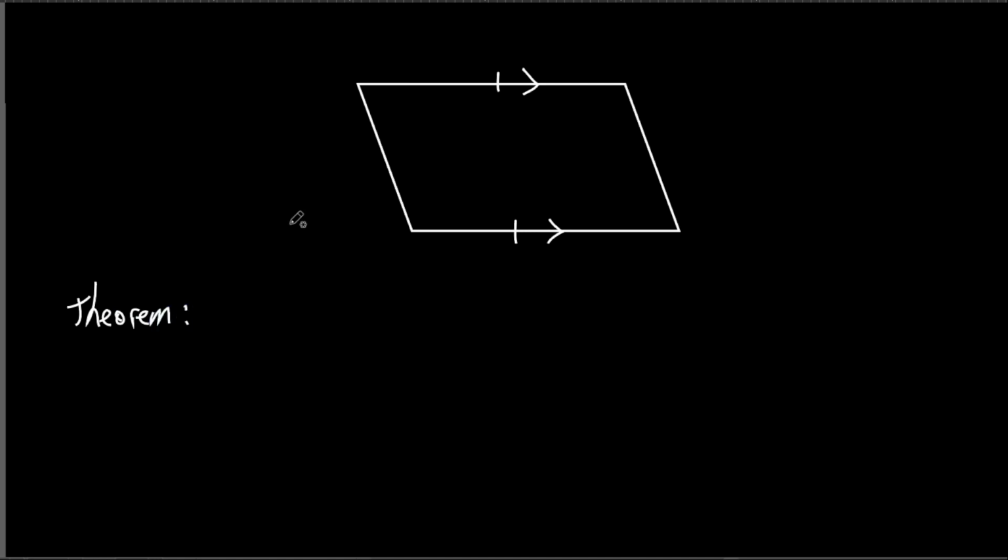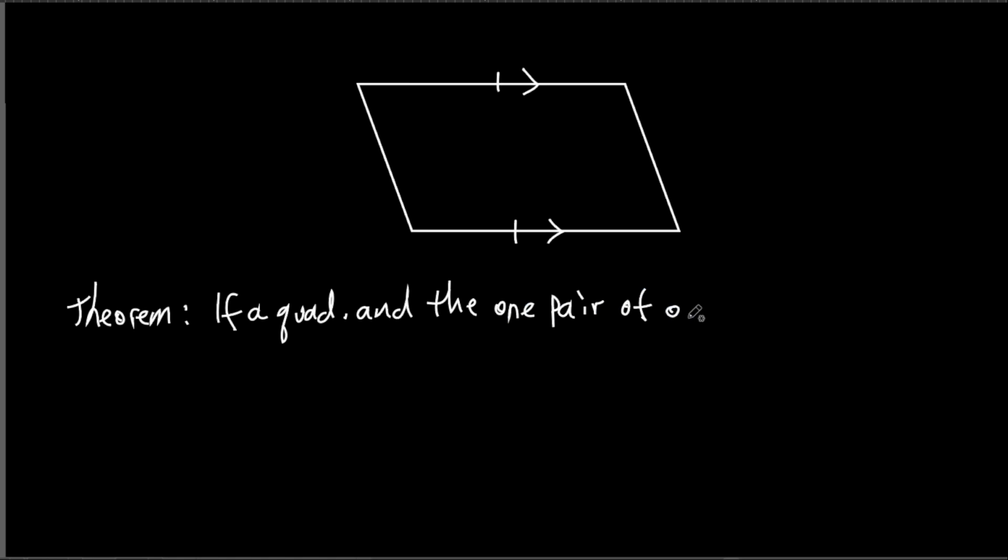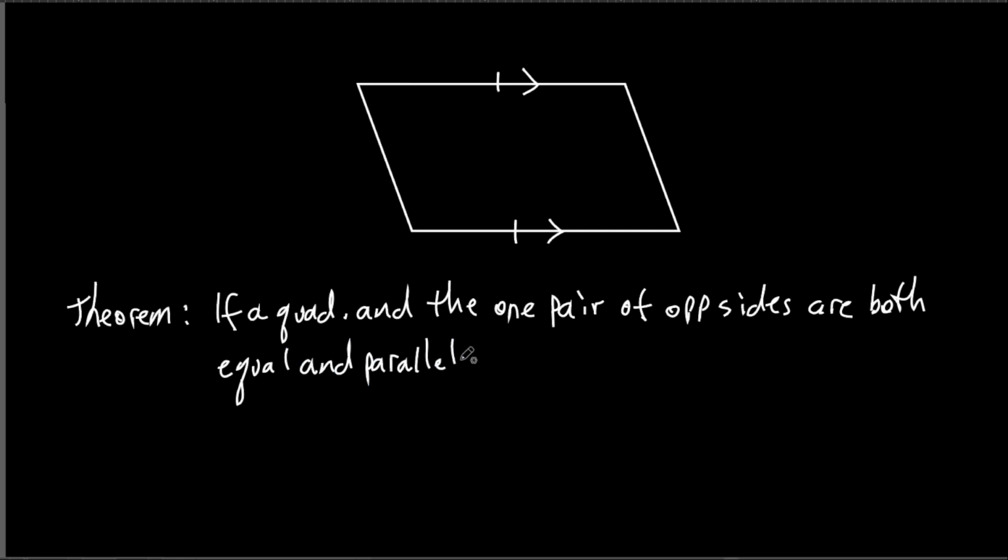So here's what the theorem basically says. If you have a quadrilateral, and one pair of opposite sides are both equal and parallel, then what could we call this figure?